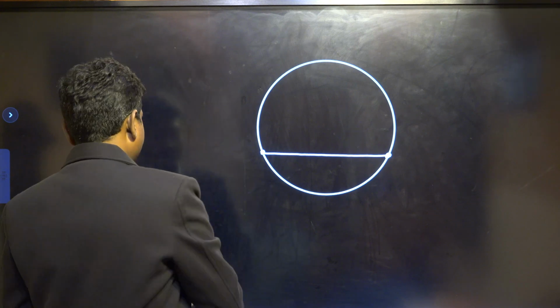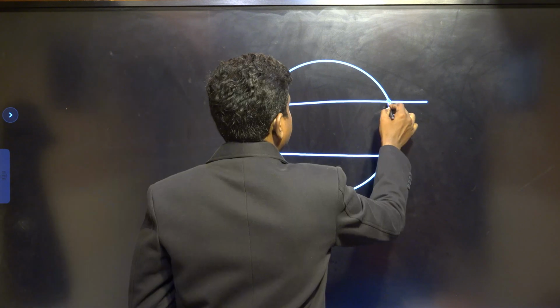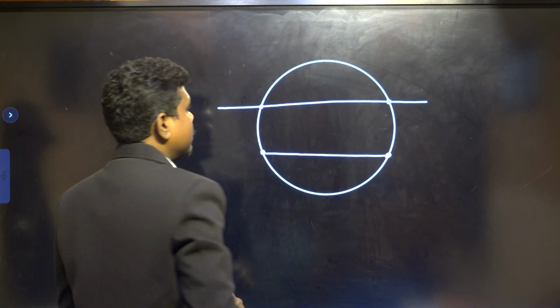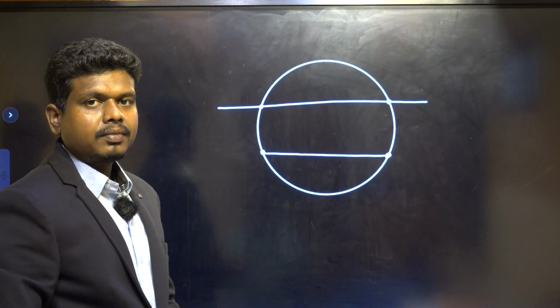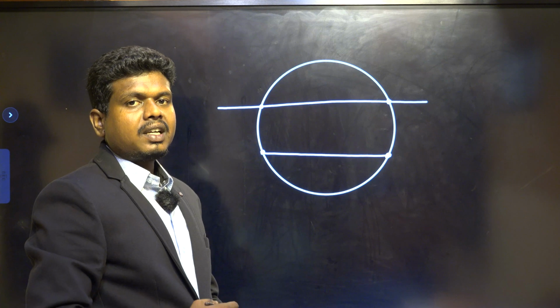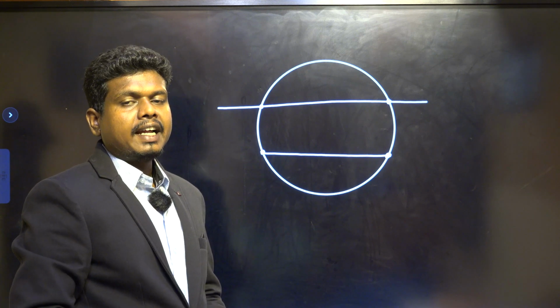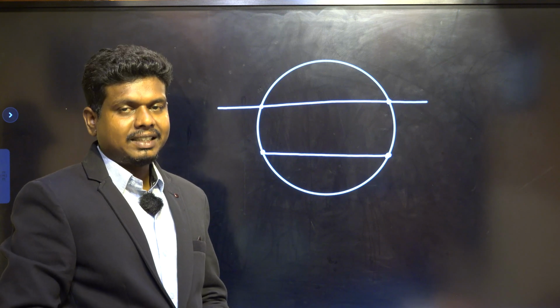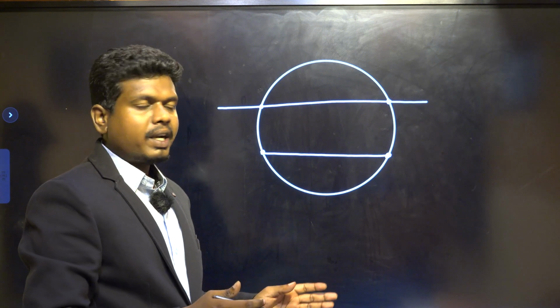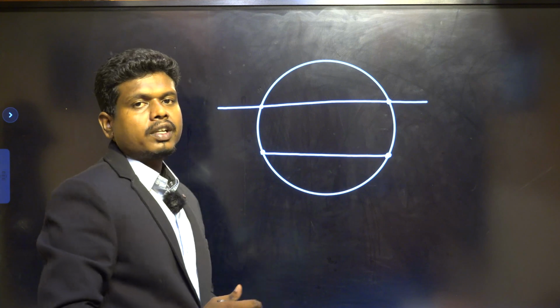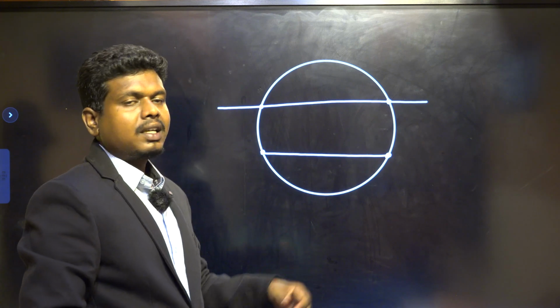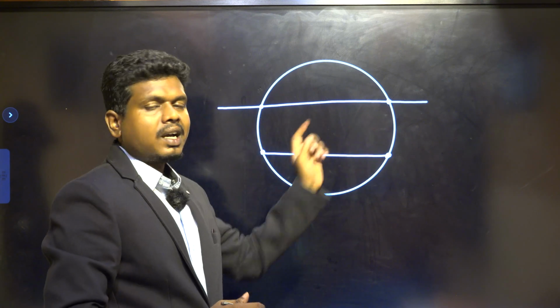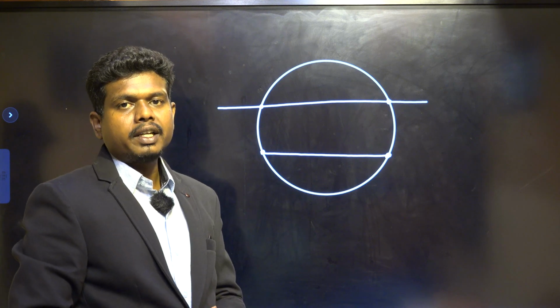A line which cuts a circle at 2 points is called a secant. So there is a difference between chord and secant. A chord is a line segment which touches two extreme points of the circle, whereas a secant is a line which cuts a circle at 2 points.